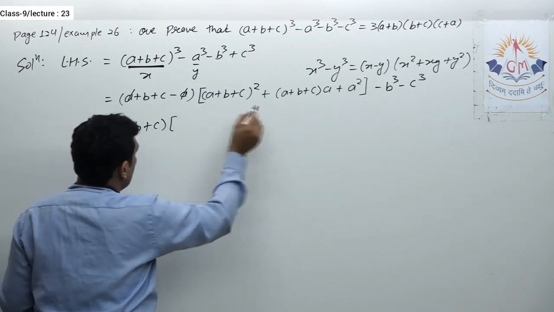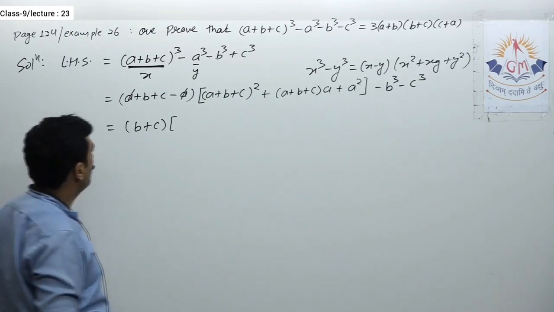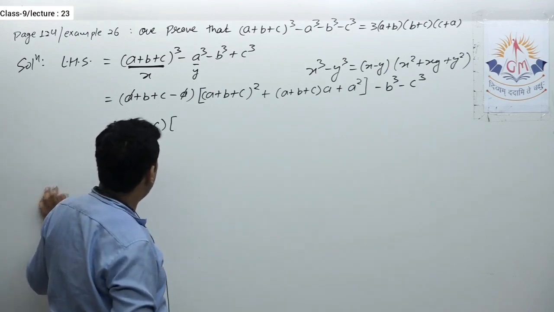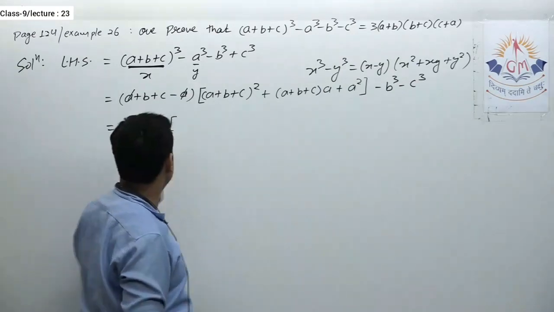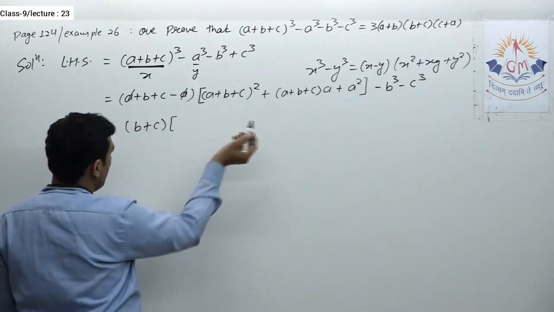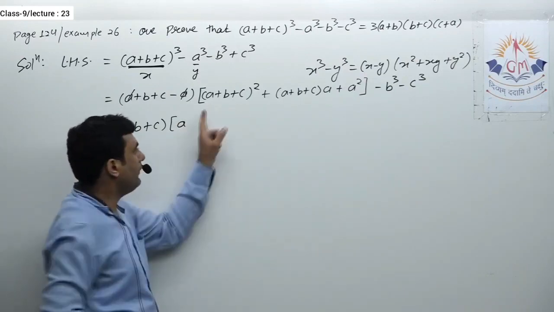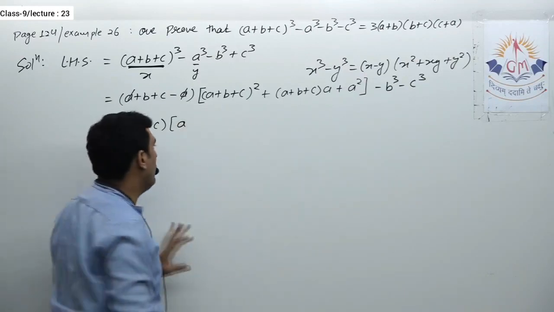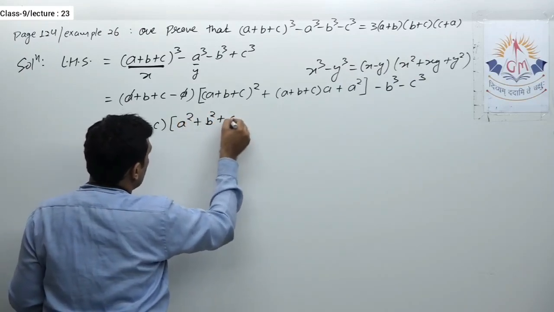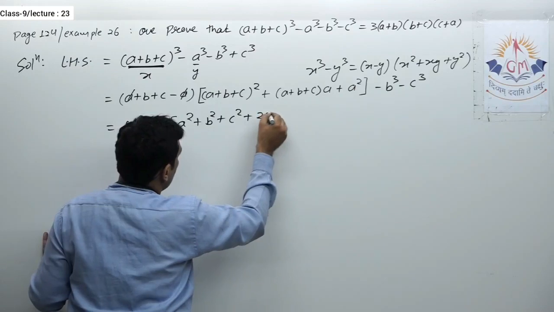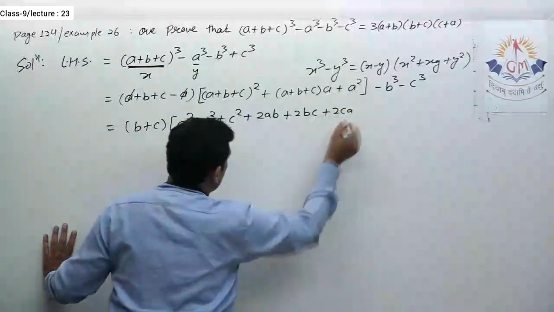Now over here I'll apply the identity of (a + b + c) whole square and multiply this. Let us see what we'll get. If I apply the identity of (a + b + c) whole square, what I will get? a square plus b square plus c square plus 2ab plus 2bc plus 2ca.